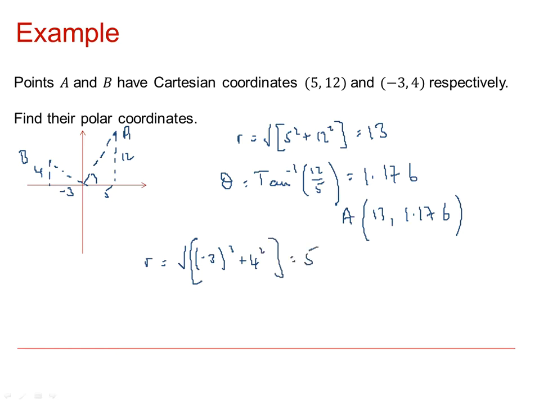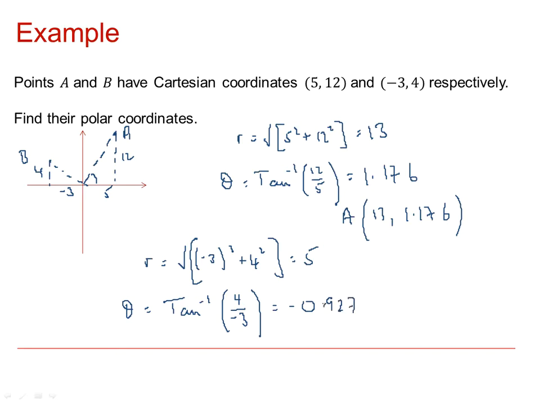It's a 3, 4, 5 triangle. Theta is tan to the minus 1 of the y value 4 divided by -3, and that comes out to be -0.927.